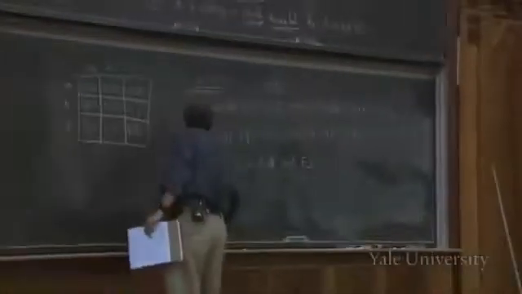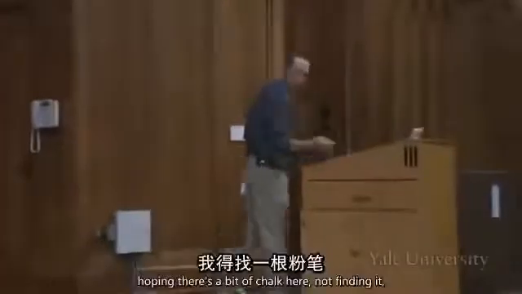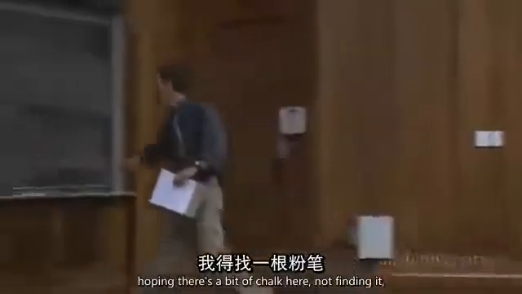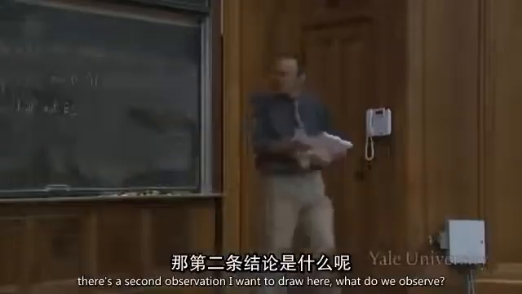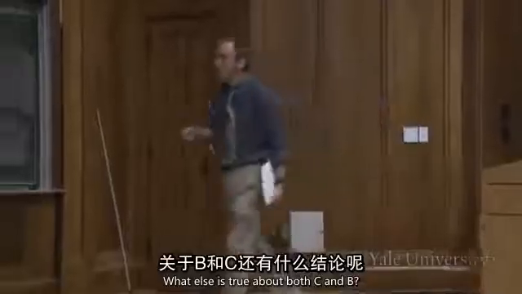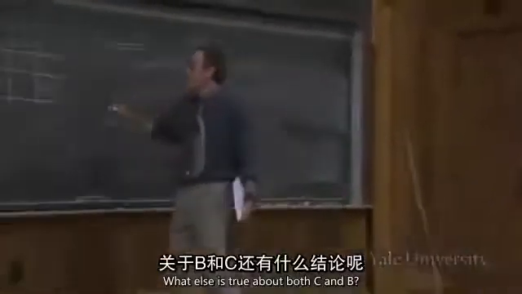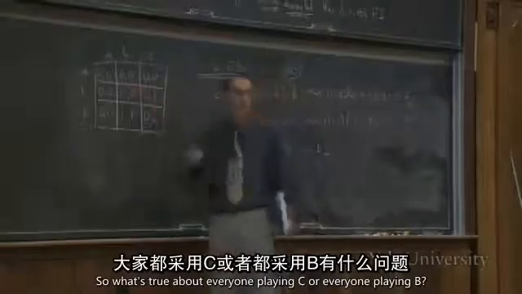All right? But there's a second observation I want to draw off this one. I'll give us some better chalk here. I'm not finding it. All right. There's a second observation I want to draw off here. What do we observe? What else is true about both C and B? So what's true about everyone playing C or everyone playing B?